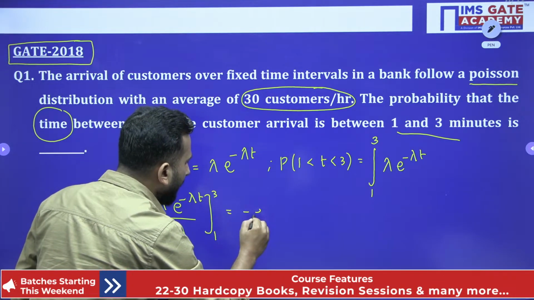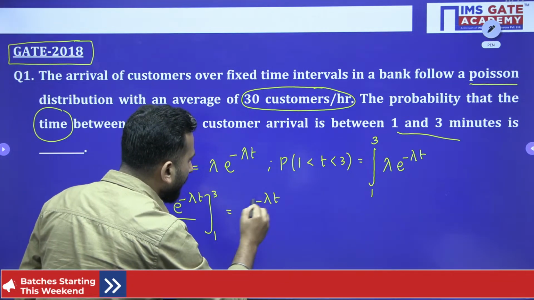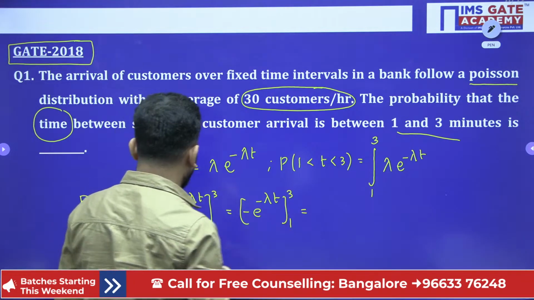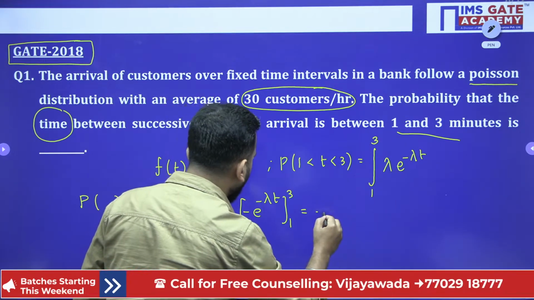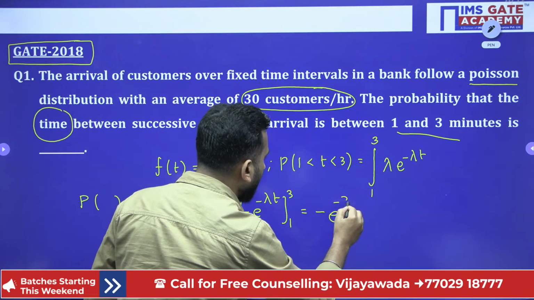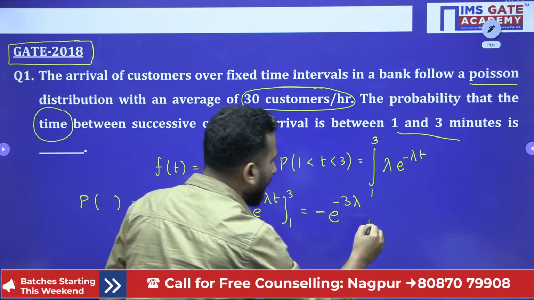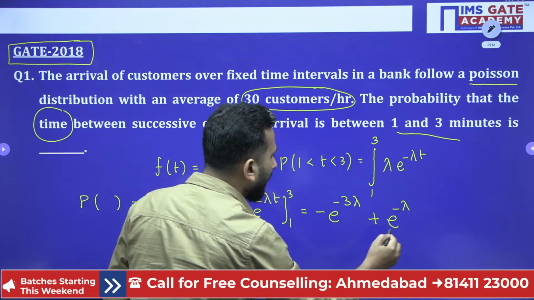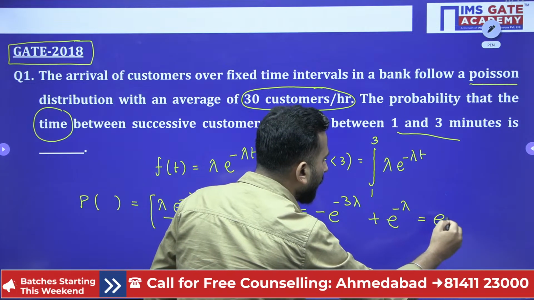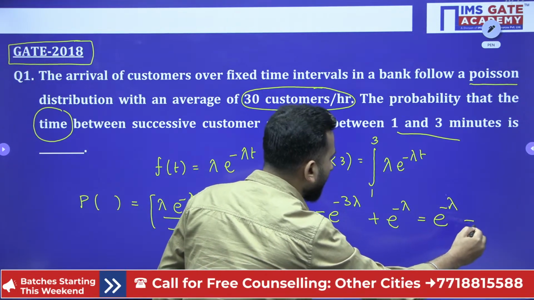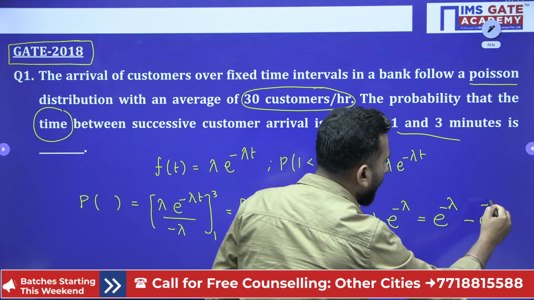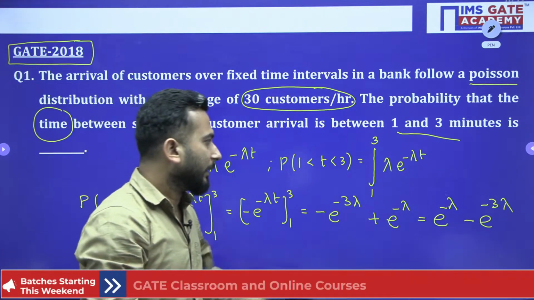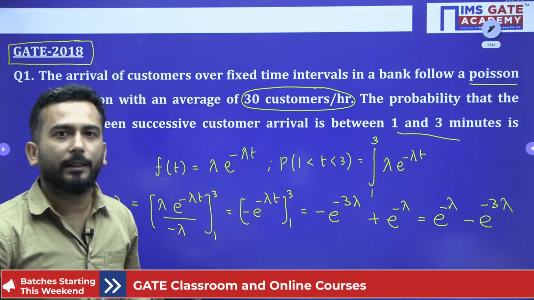It is minus e to the power minus 3 lambda plus e to the power minus 1 lambda, and you are left with e to the power minus lambda minus e to the power minus 3 lambda. I hope the mathematical things are clear till now.